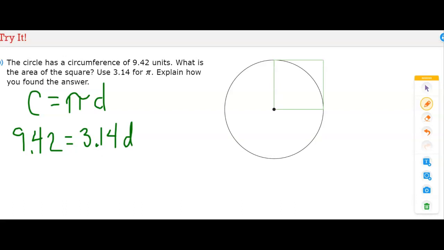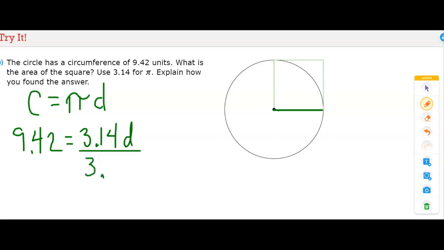So now we need to find the diameter, because the diameter is this distance here. If we find that distance, we know in a square all the sides are the same, so we'll be able to find the area. So now we have to solve for the diameter. So 3.14 times d, the inverse of multiplying would be division.